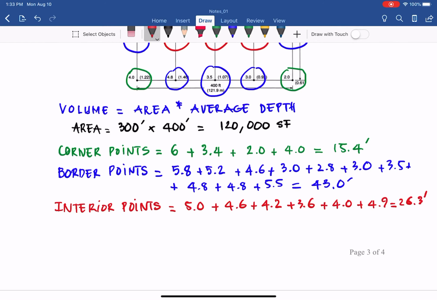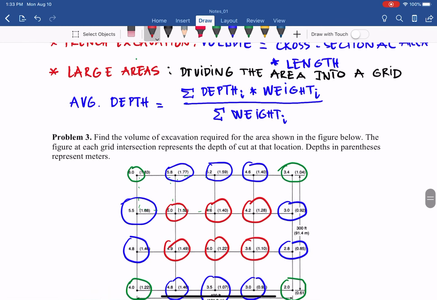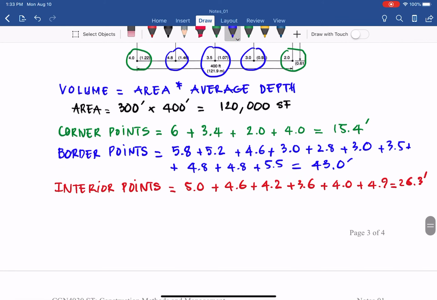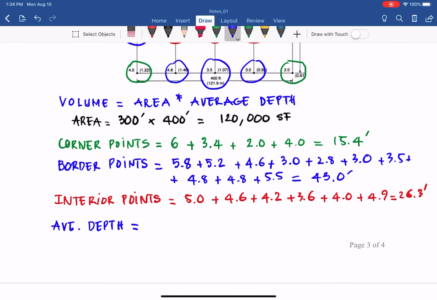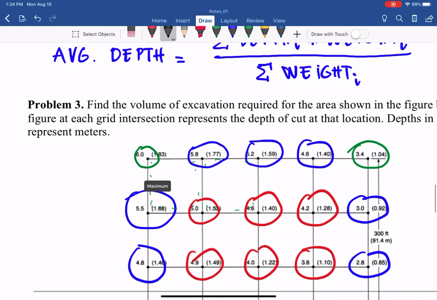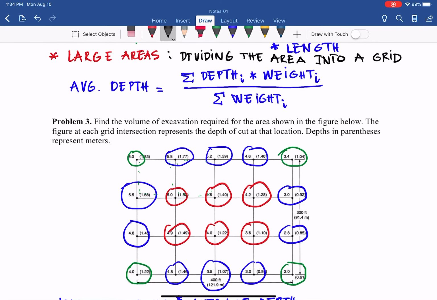When you have finished that step, we can go ahead and use this equation to determine the average depth. So the average depth equals the corner point total, 15.4, times the weight. What is the weight we need to determine? The weight depends on the number of grids that point touches.